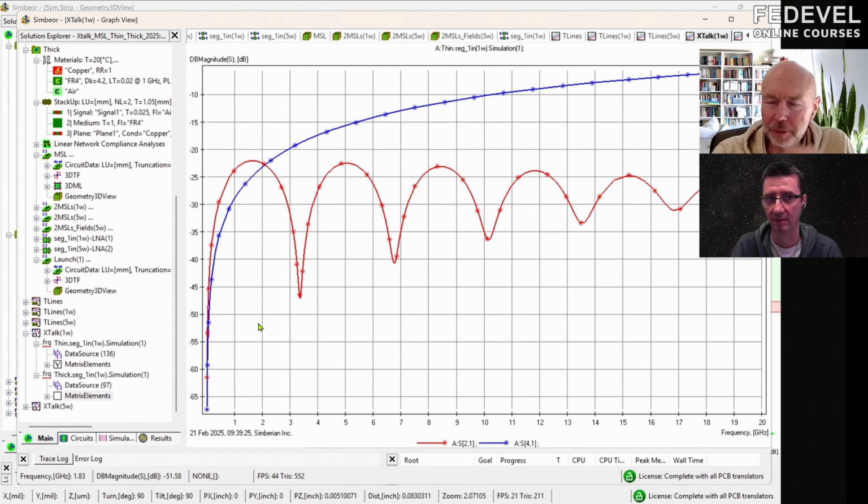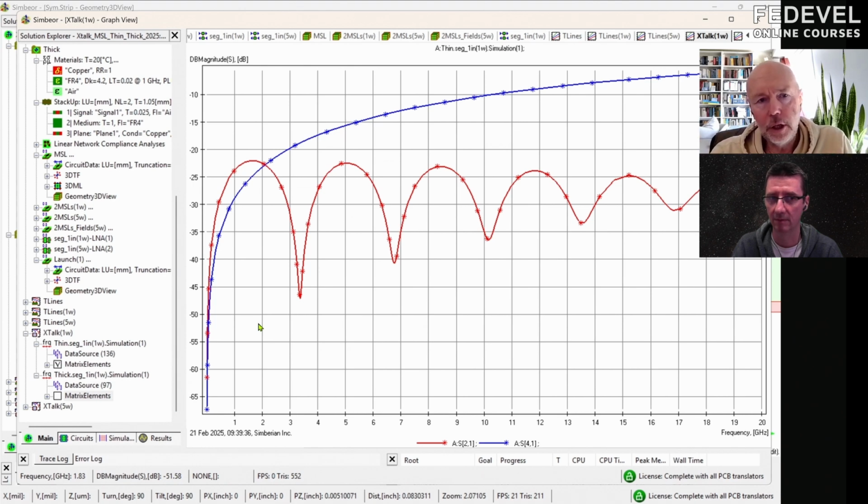Typically, even on a well designed board, everything is coupled to everything at about -80 or -100 dB. You take two locations and you'll see the kind of noise flow. But this is not a noise flow; it's an actual coupling.